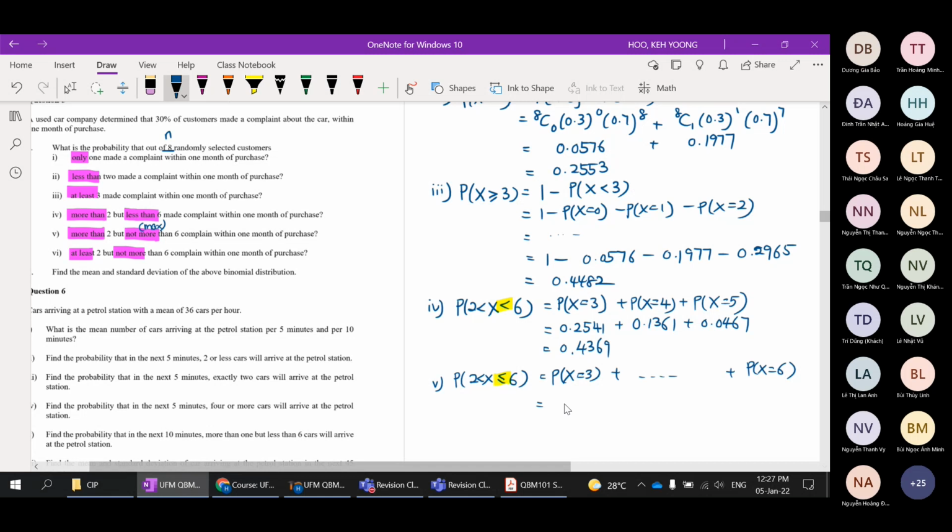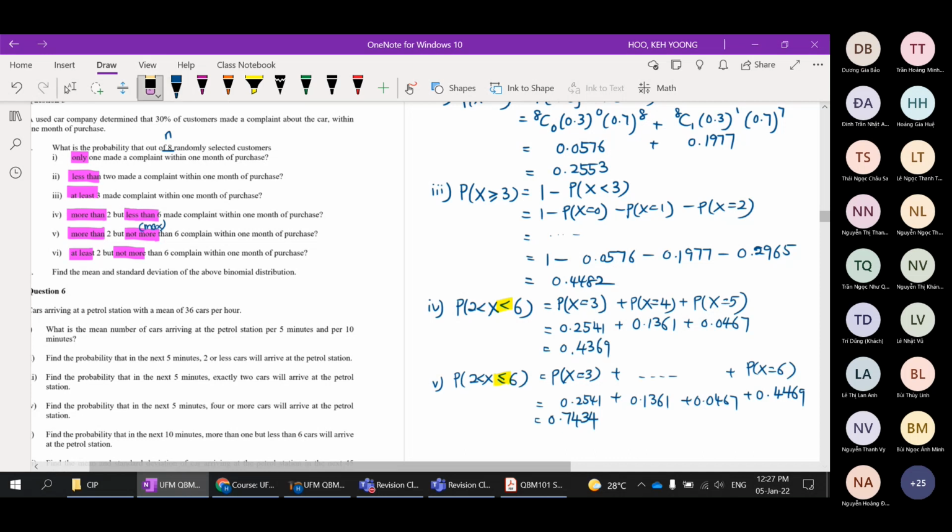So 3, 4, 5, and 6. Okay, 0.74. Wait, I copied the wrong answers.